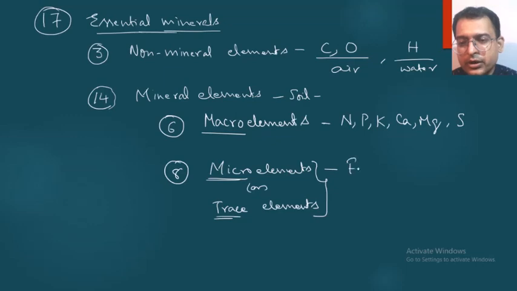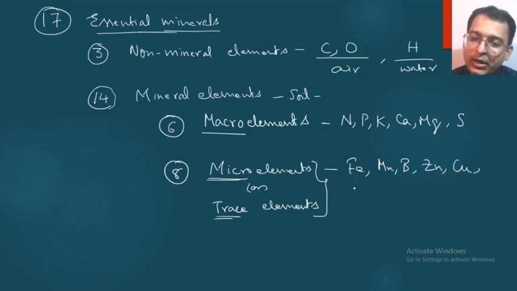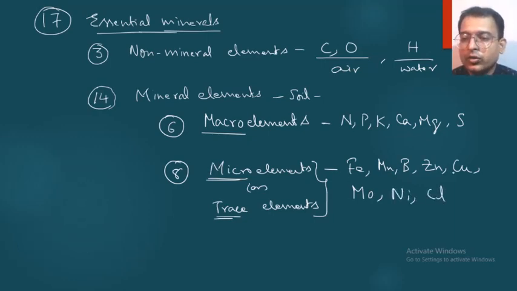For example, iron, manganese, boron, zinc, copper, molybdenum, nickel and chlorine. 8 of these are micro elements and 6 of them are macro elements.